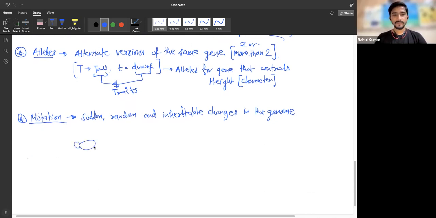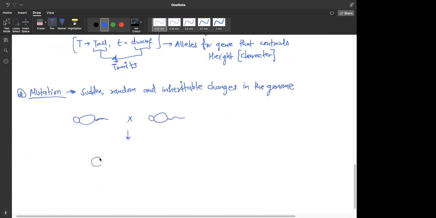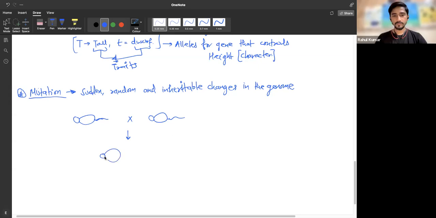Let's say we had a mouse which had a tail, and I crossed it with another mouse with a tail. In the next generation, I'm getting progenies. But let's say out of the progenies, many had tails, but one progeny was tailless.